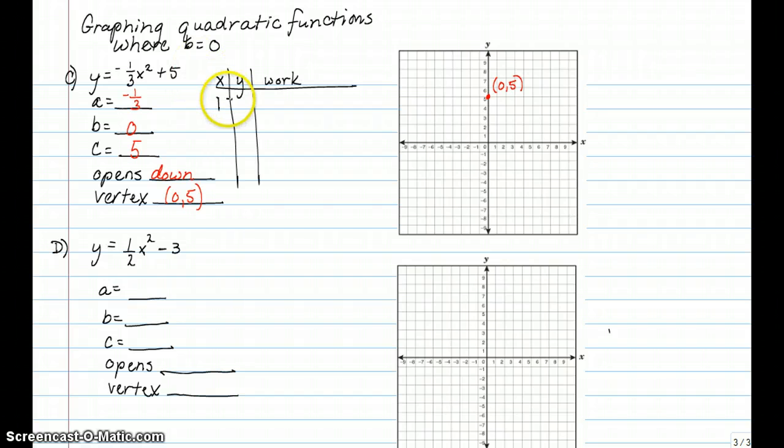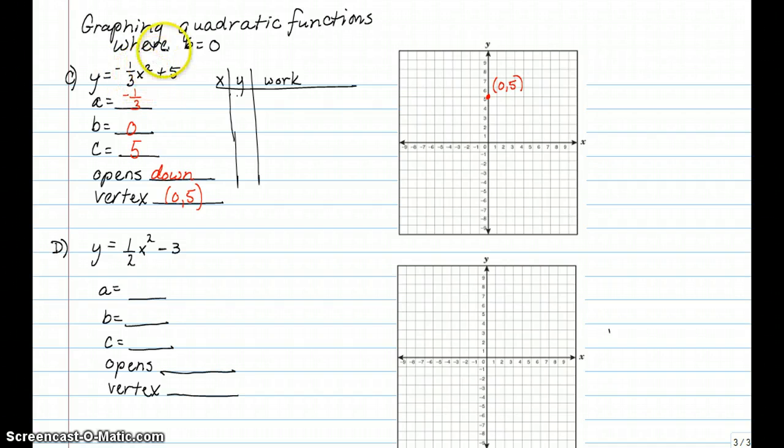Okay, for your table of values, we're not going to use 1 as we normally would. What we're going to do is pick a number that 3 will divide into, because taking 1/3 of something is like dividing by 3. If we were to square 1, we'd get 1. That doesn't help. 2 squared is 4. We'd still end up with a fraction when we multiplied it.